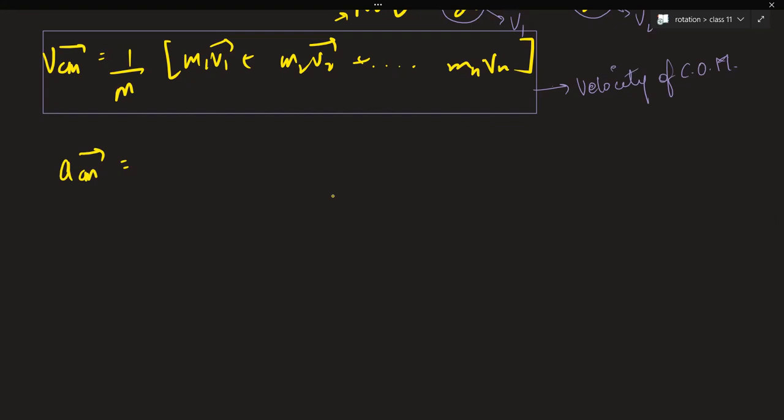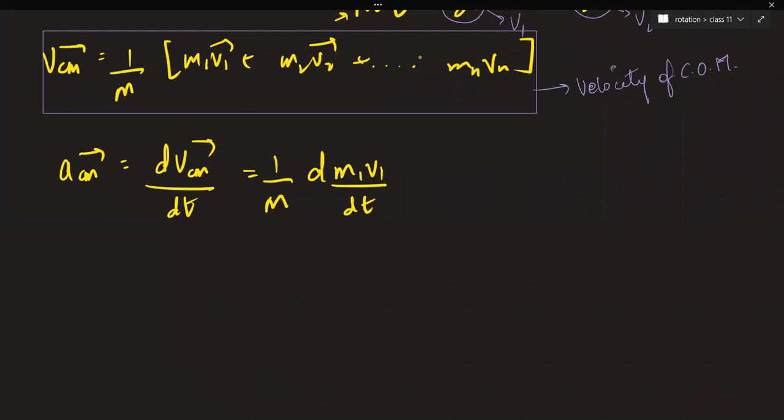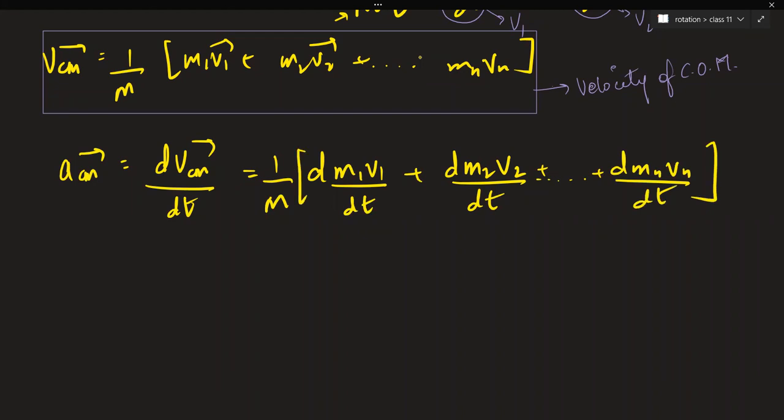So see, acceleration will be d VCM over dt. Fine. Rate of change of velocity over dt. Now this will become 1 by m, d m1 v1 over dt, same things, plus d m2 v2 over dt up till d mn vn over dt, like this.